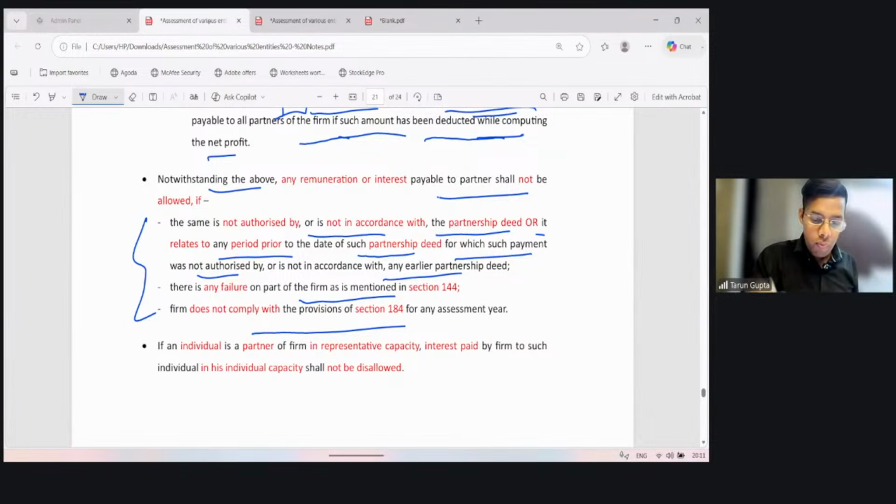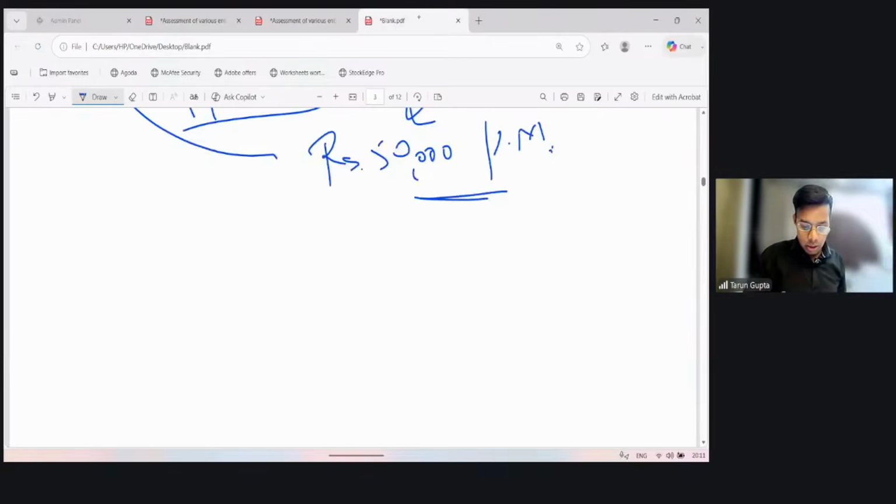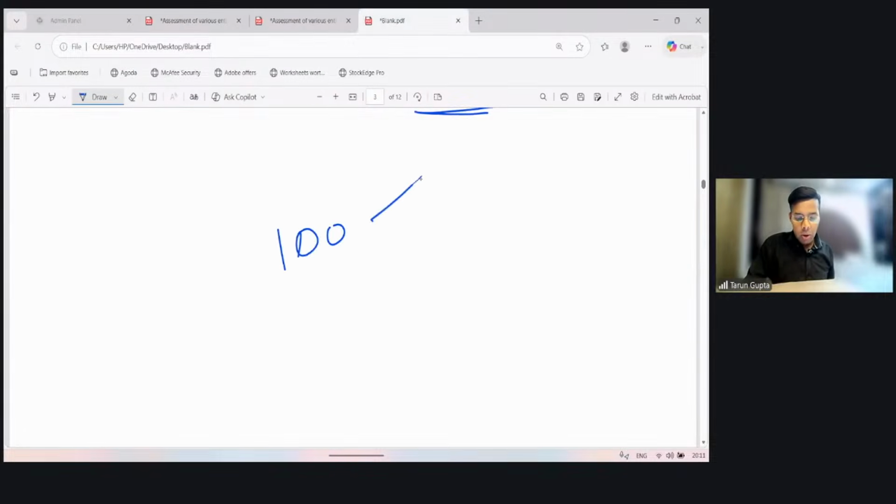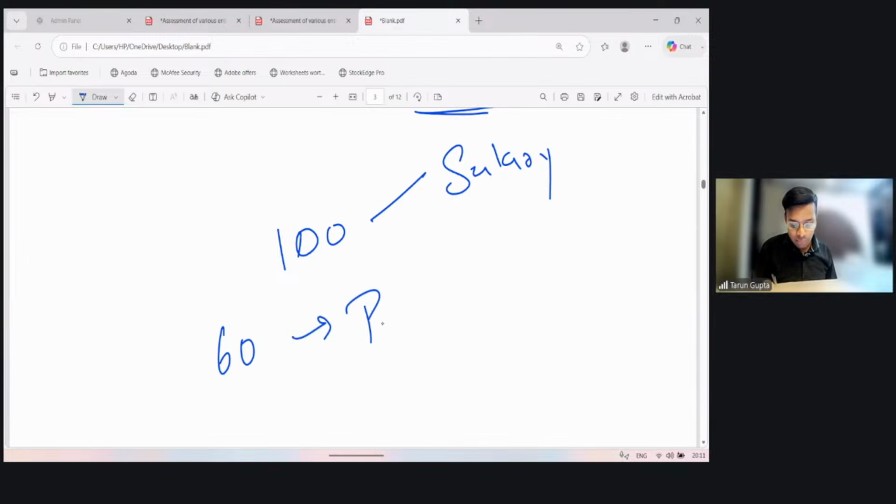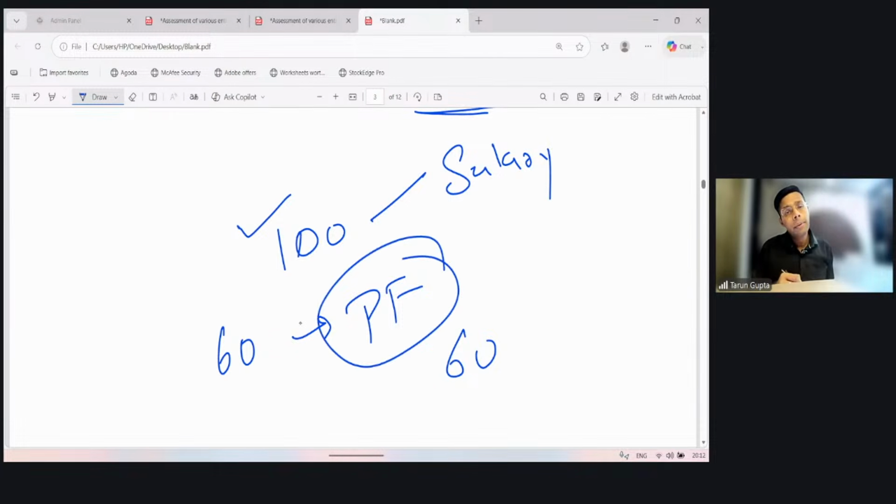If the firm has paid rupees 100 to a partner as salary, but a deduction of rupees 60 is allowed to the partnership firm in respect of this salary, then even though the partner has received rupees 100, only rupees 60 shall be taxable in his hands, because the tax on rupees 40 has been paid by the firm.